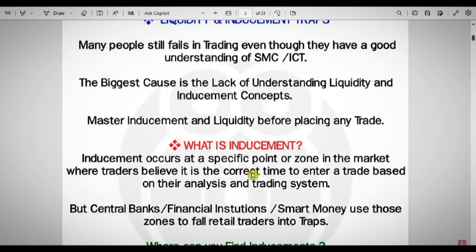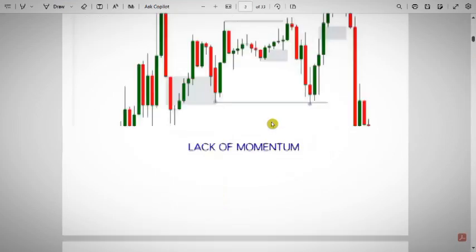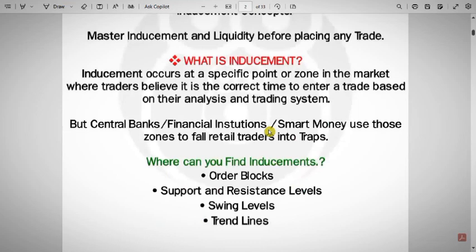So let's continue with where you can find inducements. Okay, where exactly can you find inducement? Because we have already learned what an inducement is. Okay, we now know it's an area where people believe that it is the correct area for them to take entry, a correct place for them to execute, because according to their strategies, analysis and system, they believe that's going to be a good area for me to take an entry.